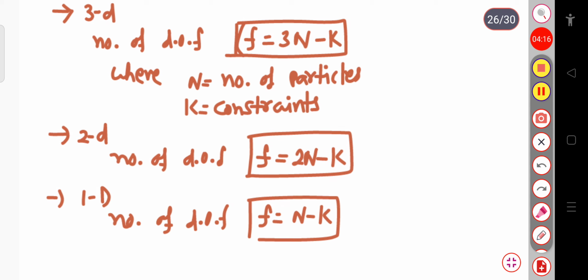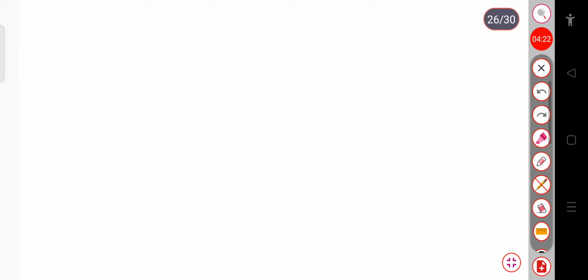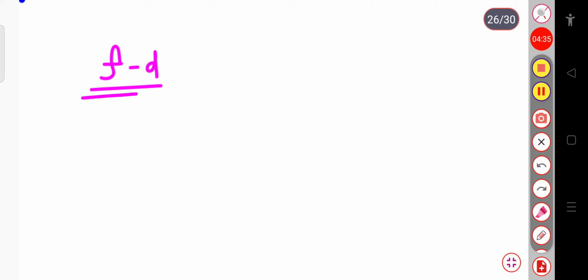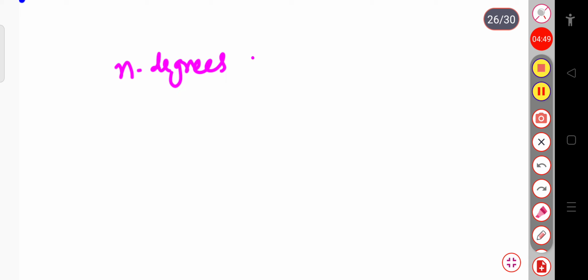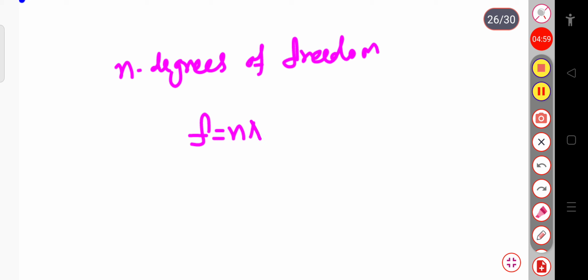So if I consider in general, the n-dimensional system, let me write for n dimension, the degrees of freedom F will be equal to small n into capital N minus k.